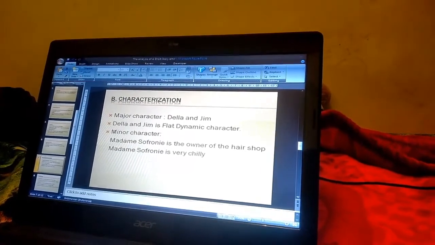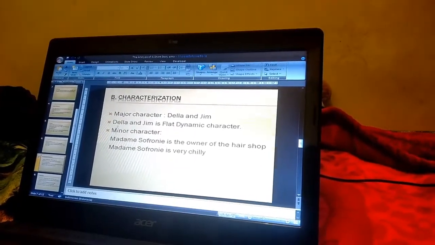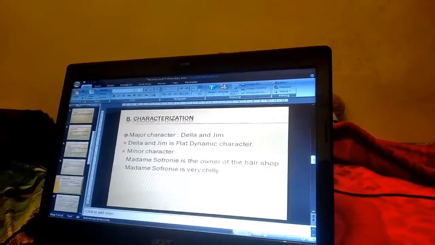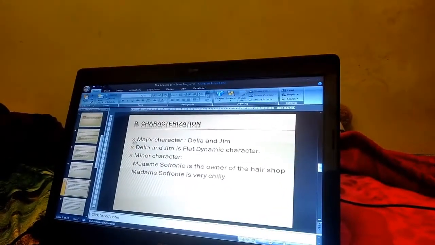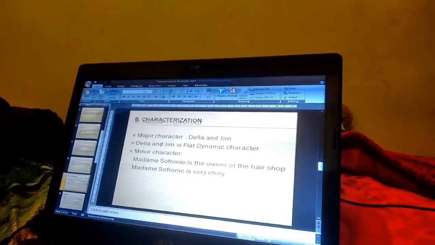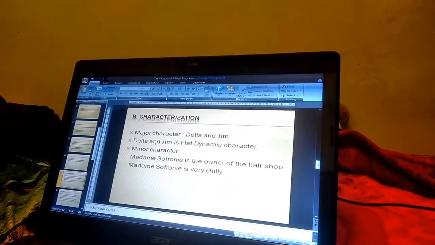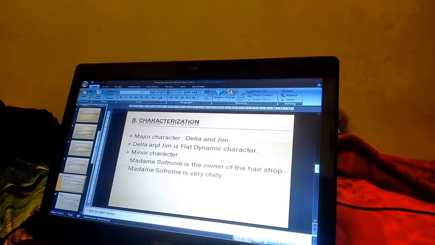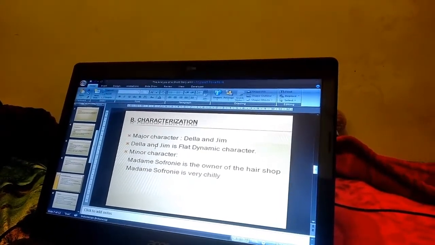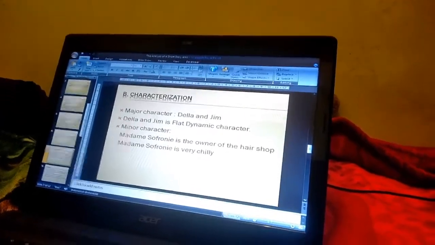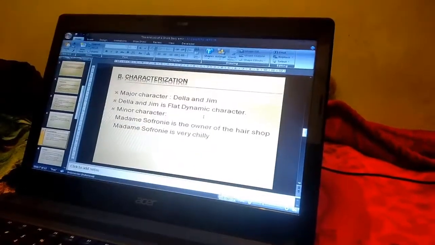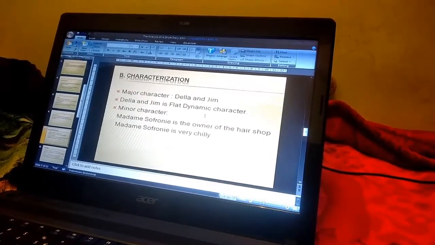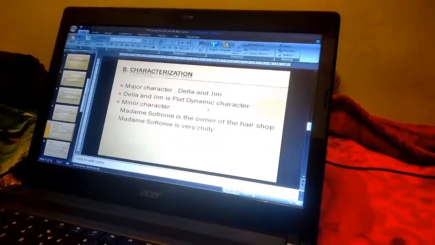Even though Della is poor and the salary is very minimal, she is very devoted to her husband because she struggled to save her money to give a special gift to her beloved husband.